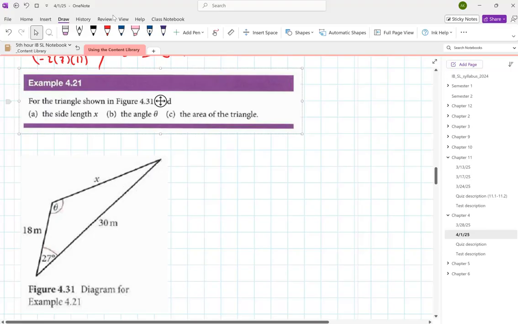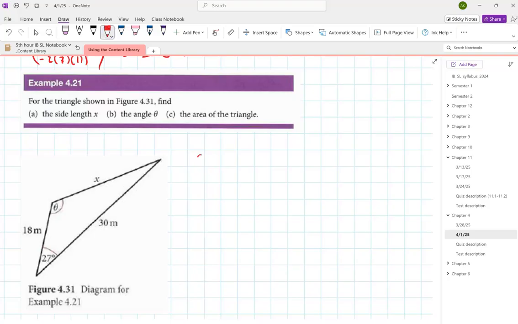Next example. For the triangle shown below, find the missing side length, find the missing angle, and then calculate the area of the triangle. All right. So if I look at the missing side, what given information do I have?